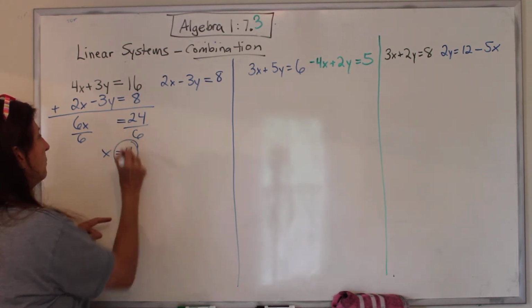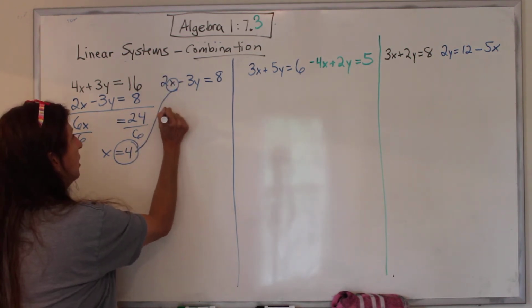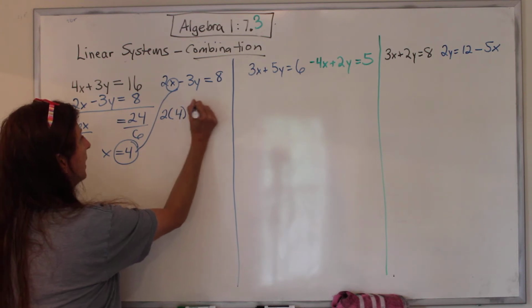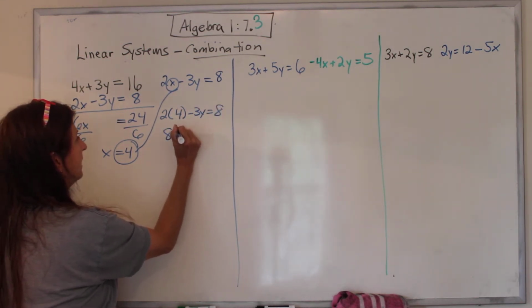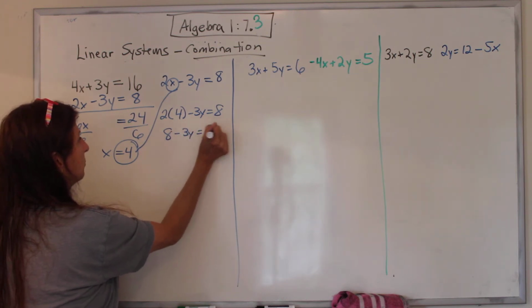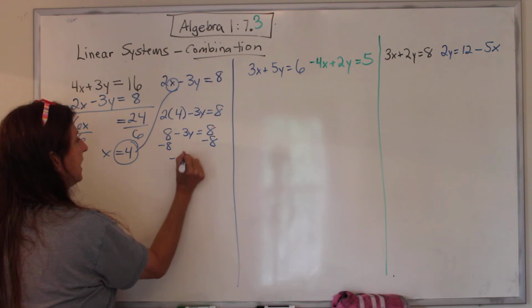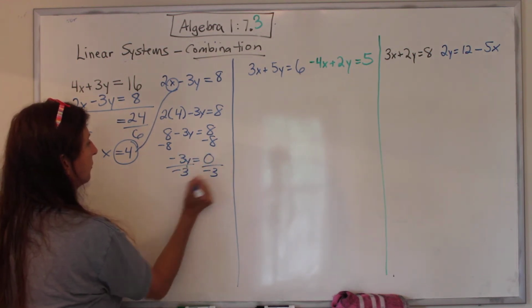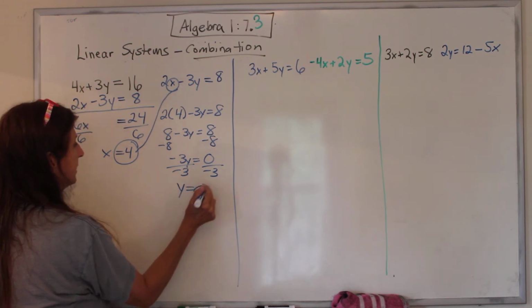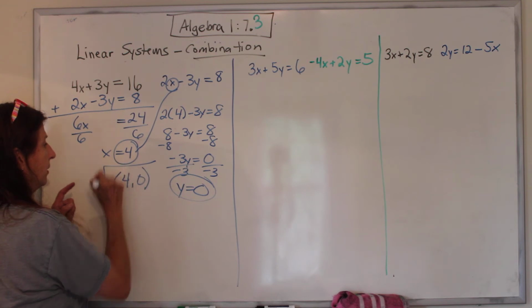Now, once we get what x is, we substitute it in right here. 2 times 4 minus 3y equals 8. 2 times 4 is 8. Minus 3y equals 8. Minus 8, minus 8. Negative 3y equals 0. Divide by negative 3, divide by negative 3. y equals 0. So my ordered pair is 4, 0.